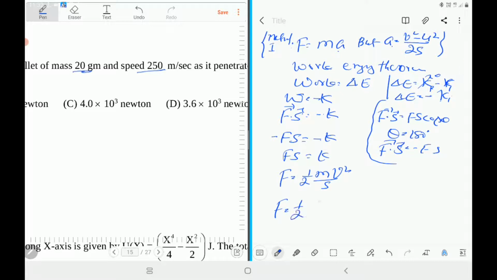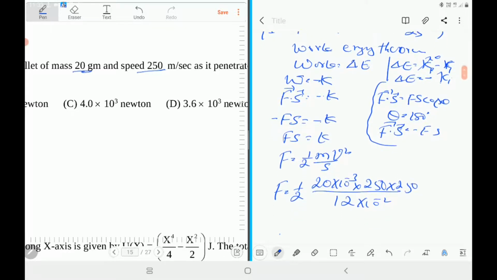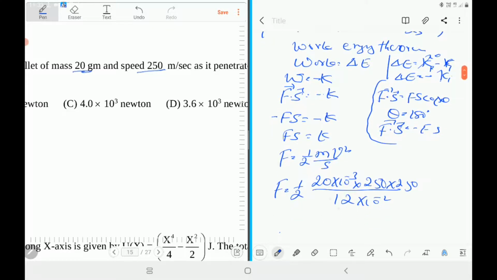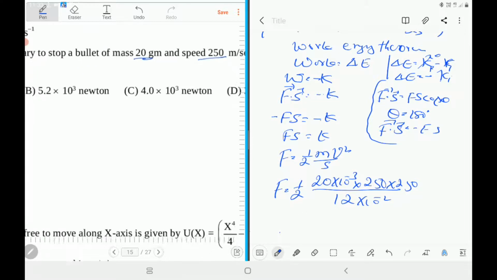Half of m, which is 20 gram, 10 power minus 3 kg, times velocity 250 squared, divided by the distance covered, 12 centimeters, 10 power minus 2 meters. Now you can easily solve this. Very easy, the simplification part.